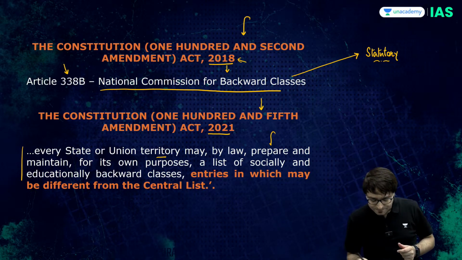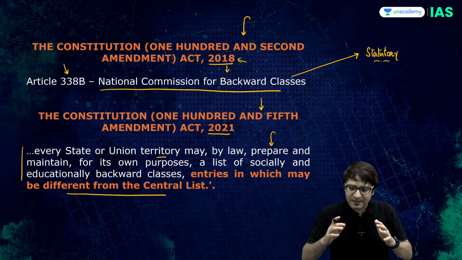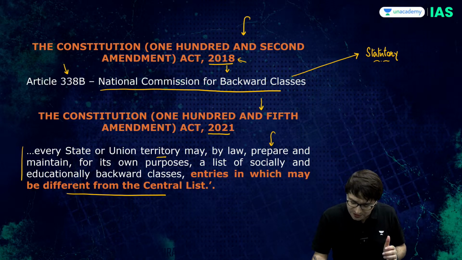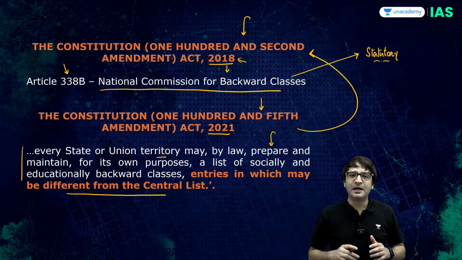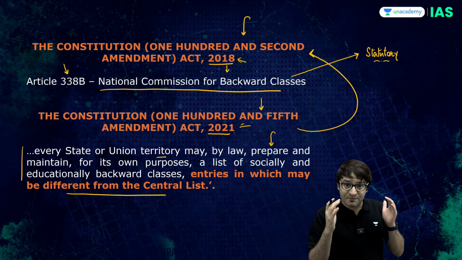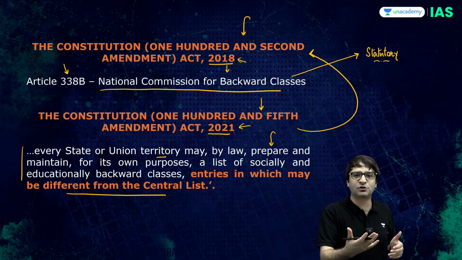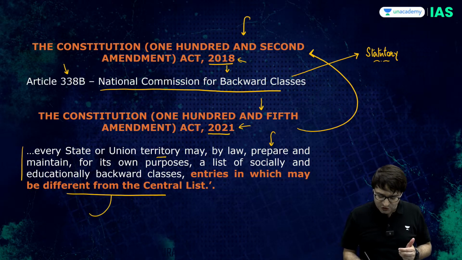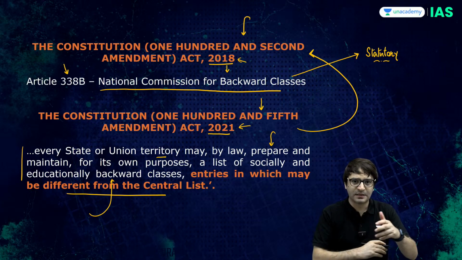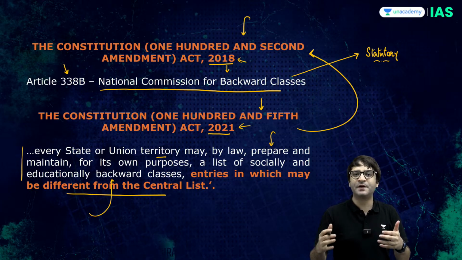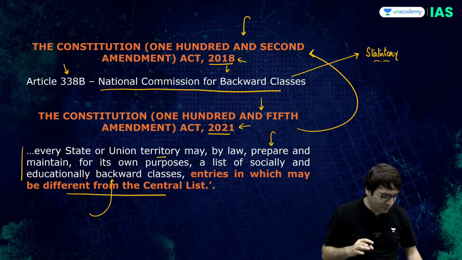And this list may be different from the central list. So the 105th Constitutional Amendment Act was enacted in 2021 to give power back to the states and union territories, so that now you can have your own list of socially and educationally backward classes of citizens. That's the reason why I discussed the 102nd and 105th Constitutional Amendment Acts together. Clear? Let's look at something else.